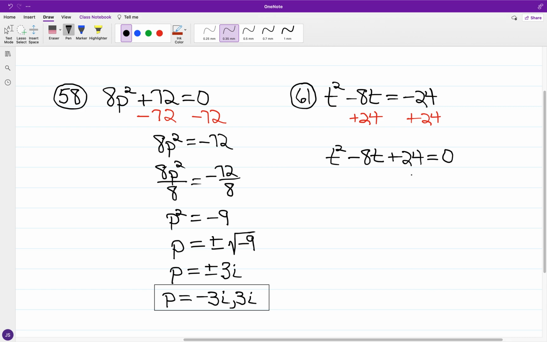Think of another set like negative 12 and negative 2, but those constants add up to negative 14. If you get a bit closer, you have negative 6 and negative 4, so negative 10 is the sum. Any other combination in the negative integers, you have negative 8 and negative 3, but that combination adds up to negative 11. So there's none among the combinations that will add up to negative 8.